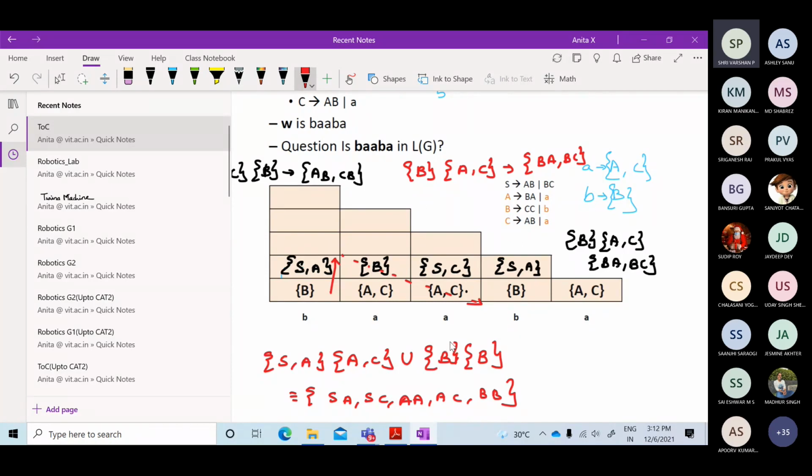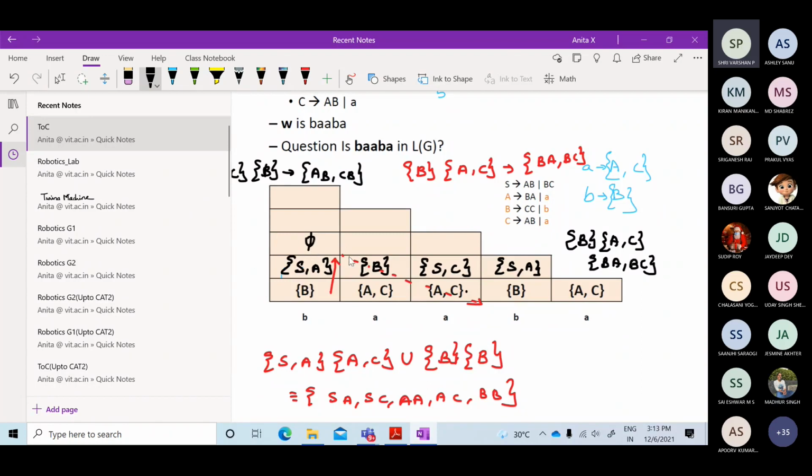SA, do we have SA here? No. SA is not there. AA is not there. AC is not there. BB is there. Yes. So what we have to do? We have to enter S.